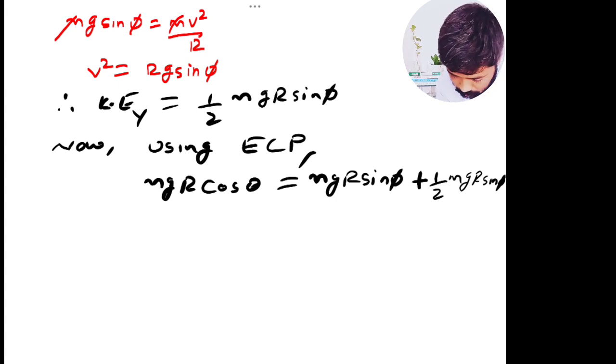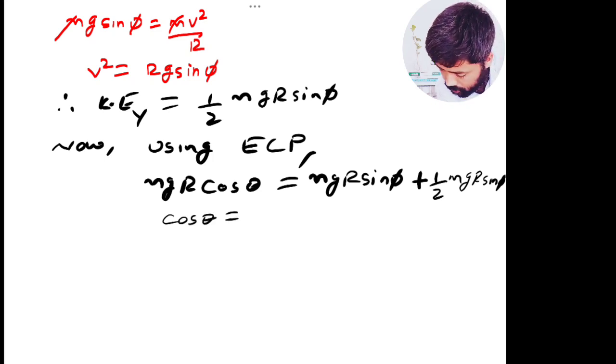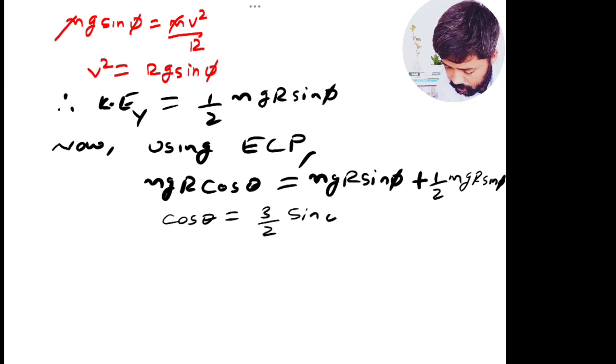So mgr cancels, and you will get cos theta is equal to sin phi plus half sin phi, that is 3 by 2 sin phi. So this will be your answer.